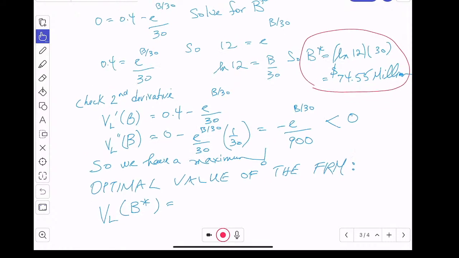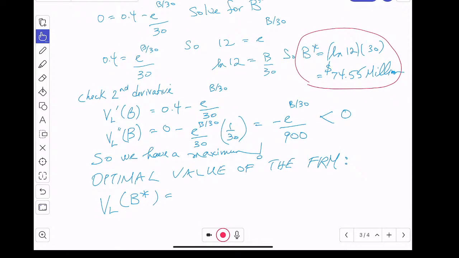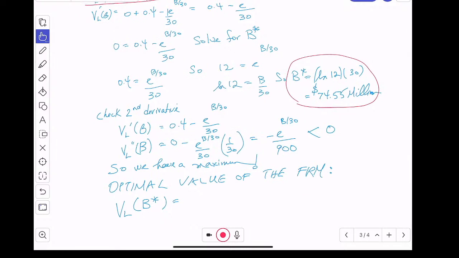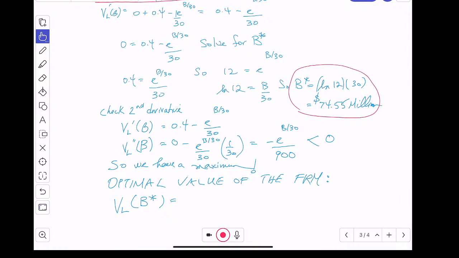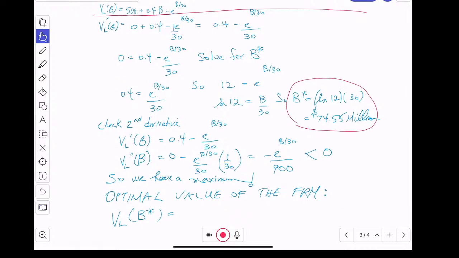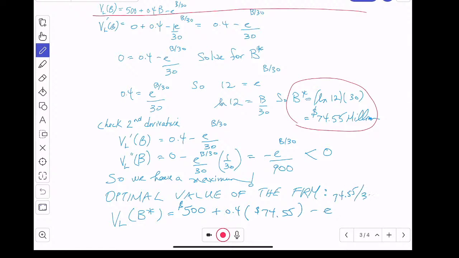The original function, remember, is 500, everything's in millions of dollars, 0.4, and I put in this value, 74.55. And then minus E, and I put 74.55 divided by 30, and I calculate the value of the firm.